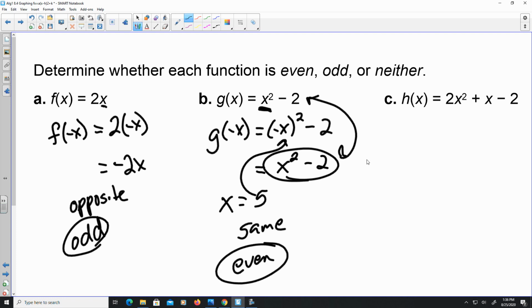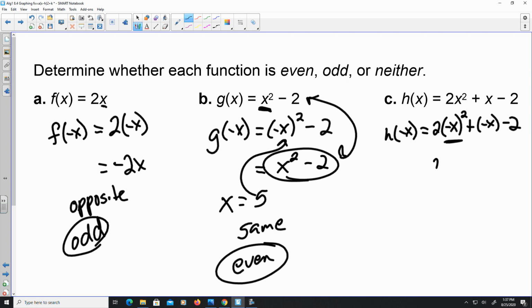Finally, looking at C, now we're going to look at h of negative x, which is going to be 2 times negative x, squared, plus negative x minus 2. Same rule applies as in example B. This negative x is being squared. It doesn't matter what the value of x is, it's going to be positive.